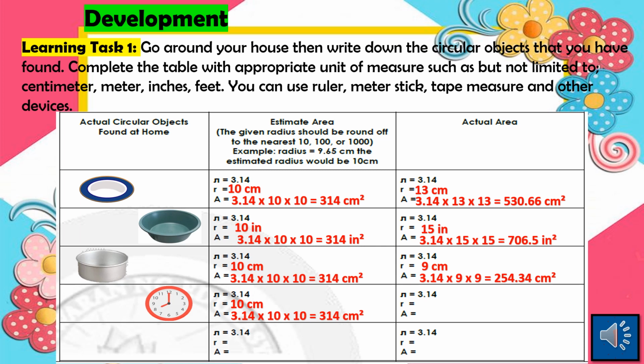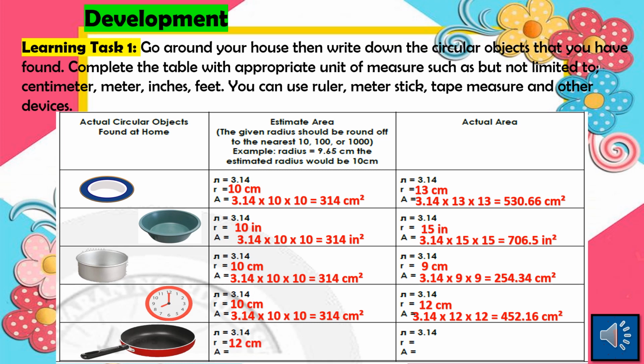So that means again 3.14 times 10 times 10 equals 314 square centimeter. And the actual radius of the wall clock is 12 centimeter. So that means the area will be 3.14 times 12 times 12, which equals 452.16 square centimeter.